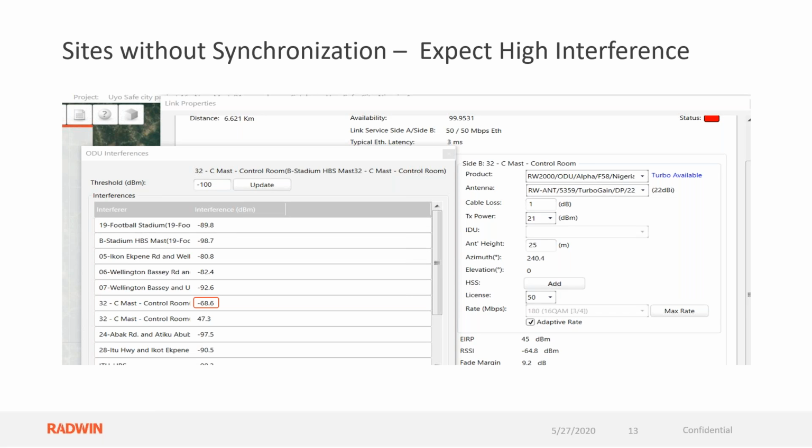You can look on the left, where we can identify exactly which are the links, or the point-to-point or the entity, that interfere. Links which are not interfering are at -90, -100. But links that are interfered with and not synchronized will definitely interfere, and we can expect a high level of interference.